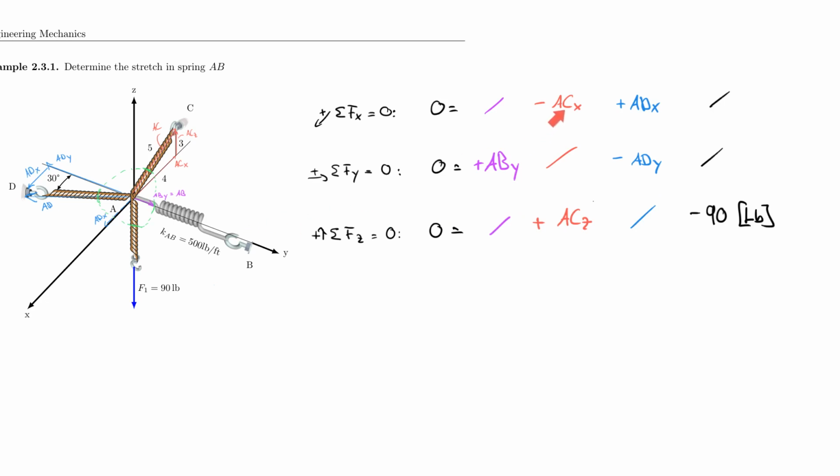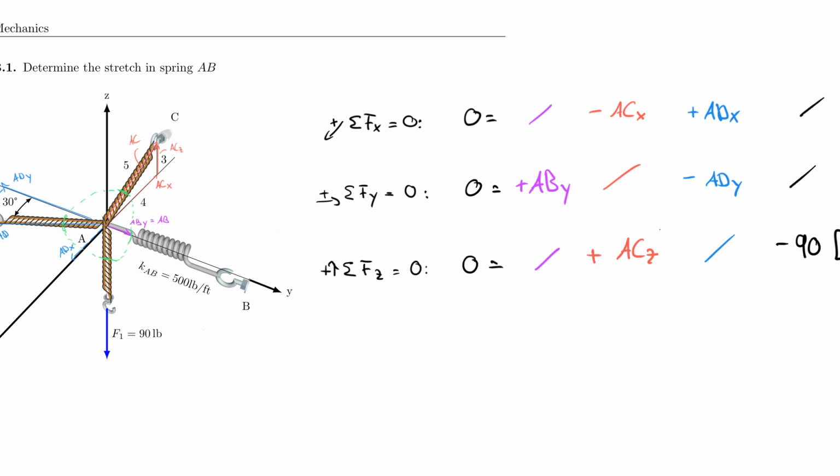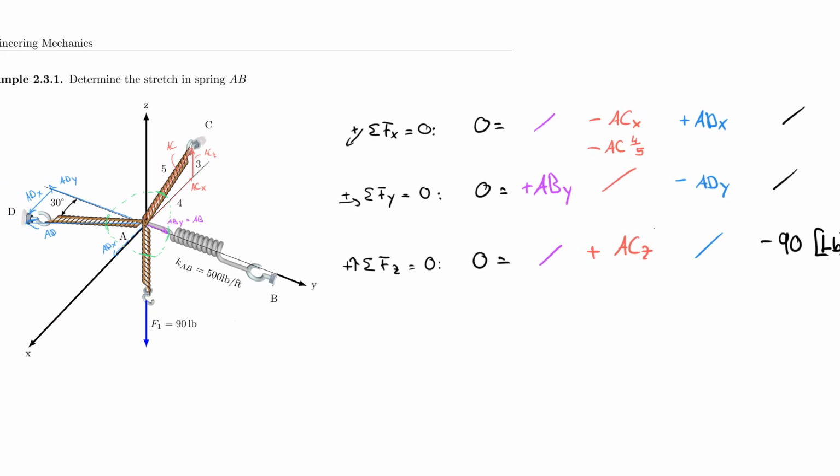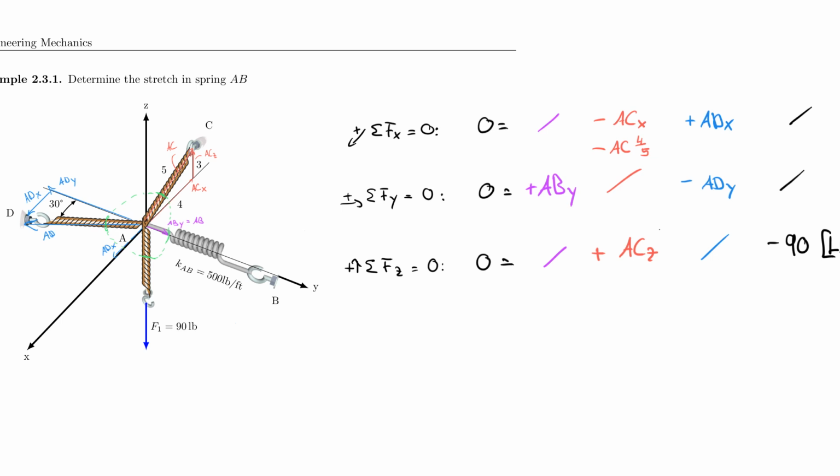So for example, I can express ACX in terms of AC. And how do I do that? Let's get started. ACX is nothing else than AC divided by 5, and in the x direction, I have a 4, so times 4. Now, for my AD, which is my blue color, I have ADX, and that is the sine direction of 30, if I'm not mistaken. So plus AD sine 30.